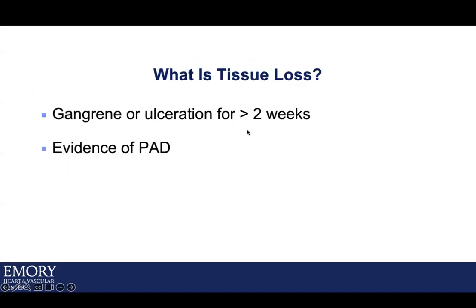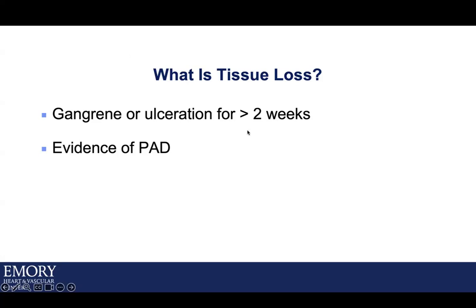What about tissue loss? This is the second part of the definition. Tissue loss related to CLTI includes gangrene of any part of the foot or non-healing ulceration present for at least 2 weeks. It should be accompanied by evidence of PAD, not just any ulcer. You have to prove that the patient has PAD, and this is what the WIfI score was telling us.